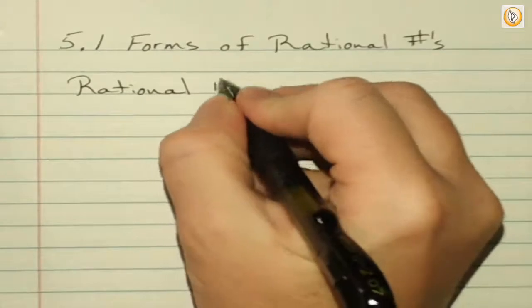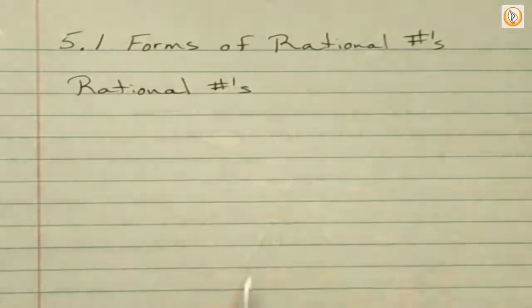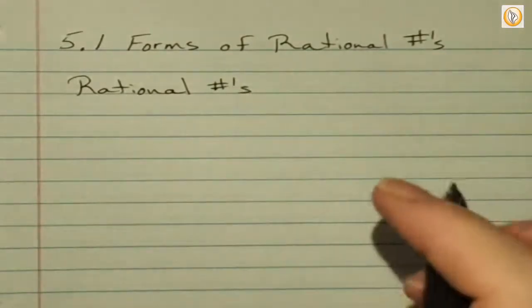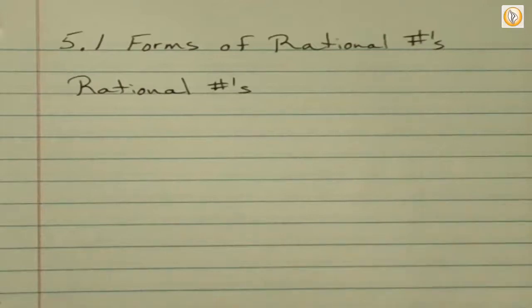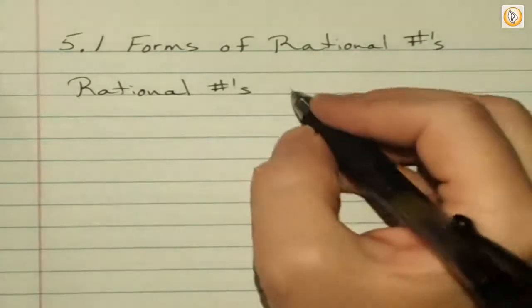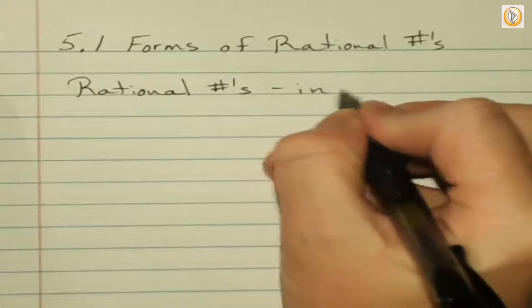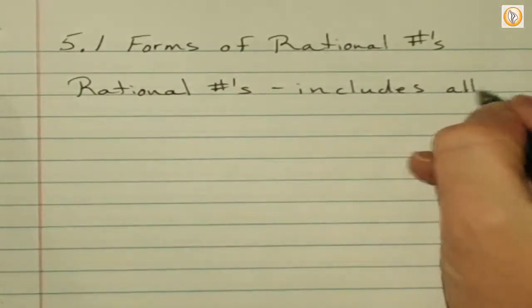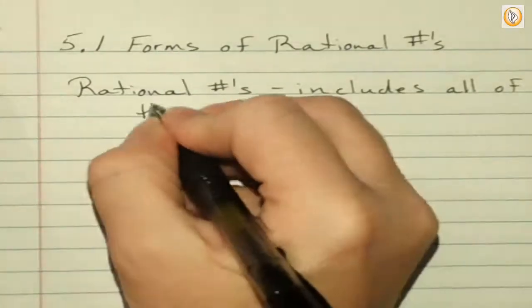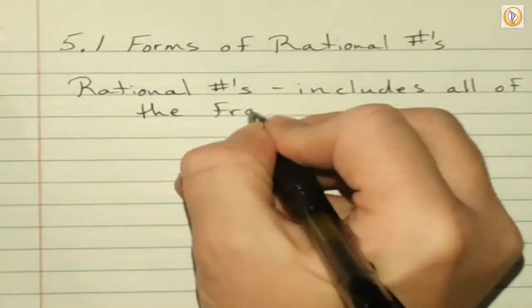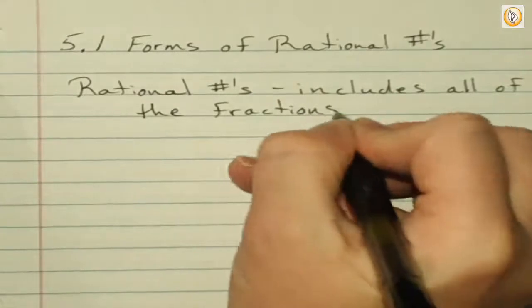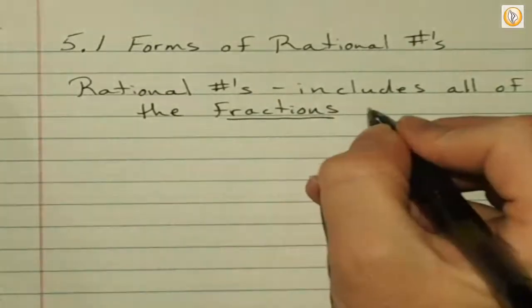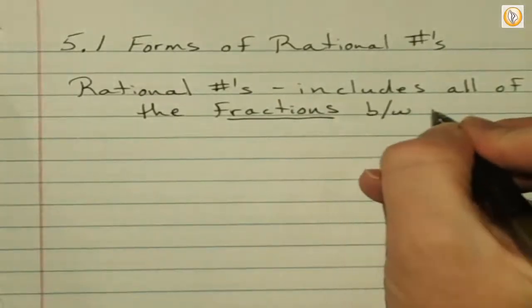All right, rational numbers includes all of the fractions between integers.